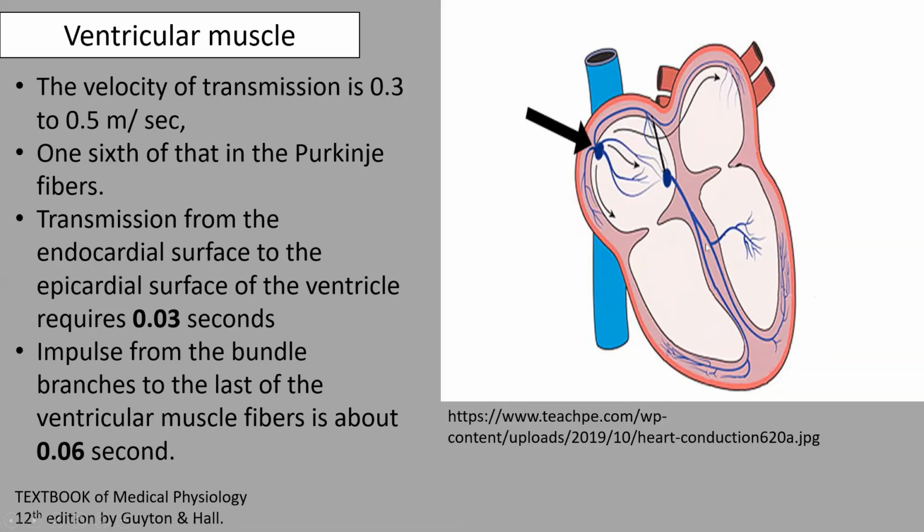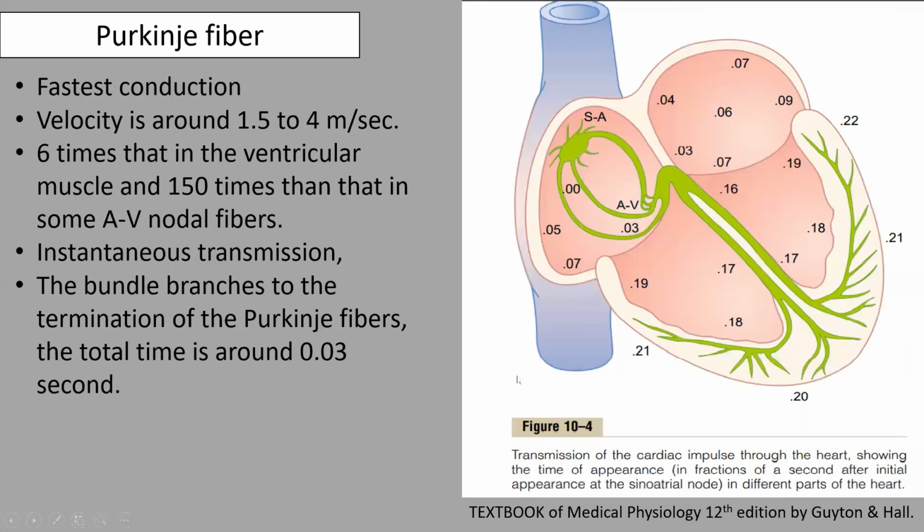In total, from the penetrating portion of the AV bundle to all over the ventricular muscle, including the Purkinje fiber as well as the ventricular muscle, it takes around 0.06 second. And then the ventricle contracts when the transmission has taken place all over the ventricle. So that is how the transmission in the heart takes place.